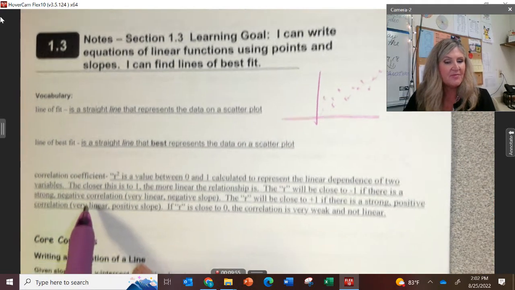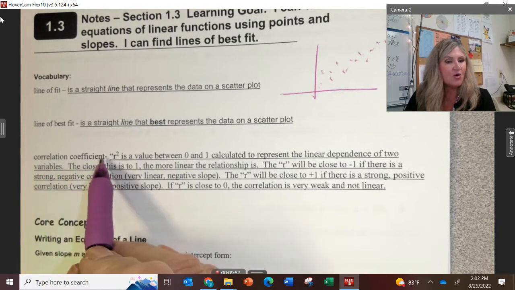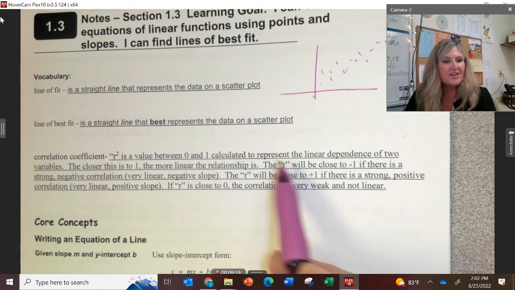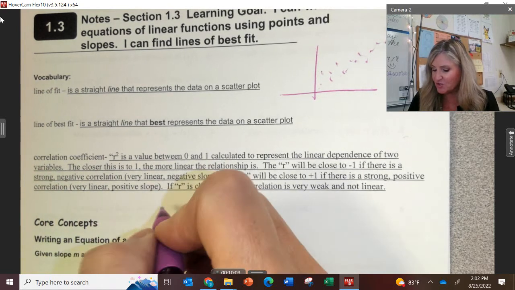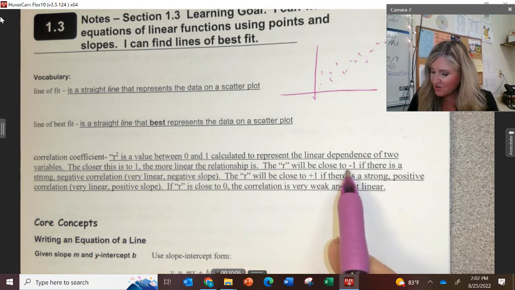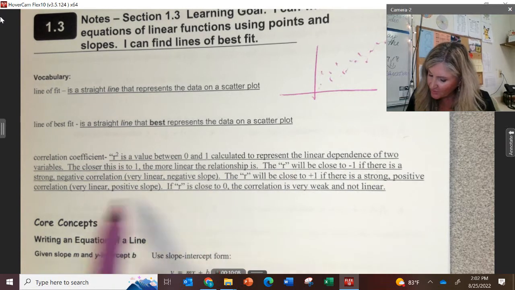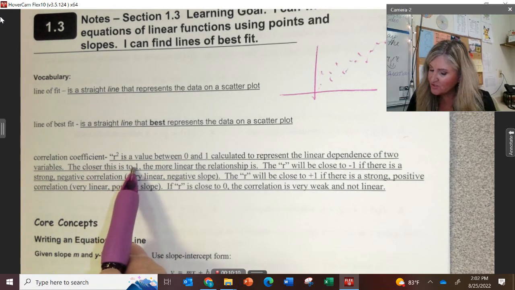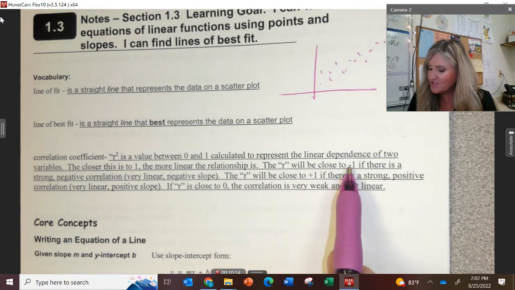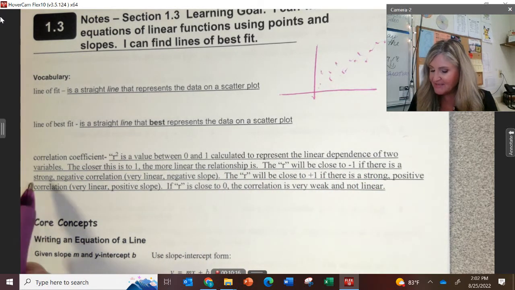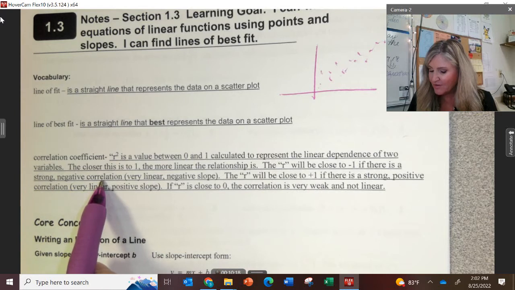That's what we're going to be finding. We're also going to be looking at a correlation coefficient. The closer that this correlation coefficient is to 1, the more linear the relationship is. If it's close to -1, that means a strong negative correlation.